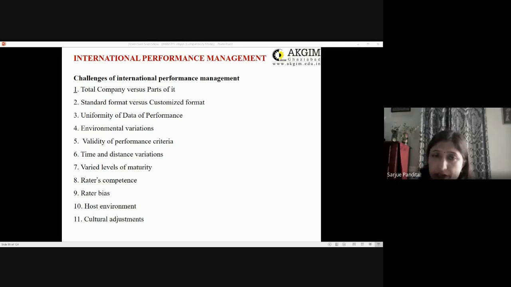At the domestic level, we have already discussed in HR the various methods and techniques through which you can evaluate and manage the performance of an individual. But it is different when we talk about international performance management, because there the measurement itself is different.